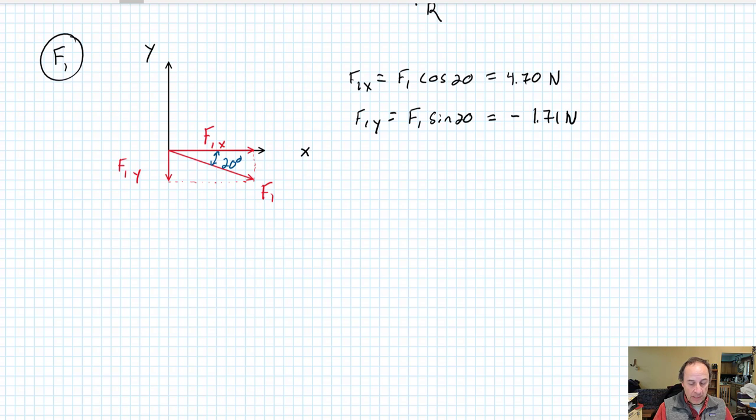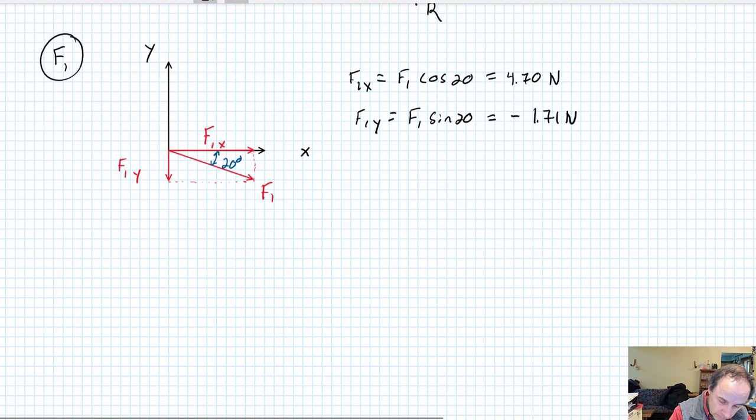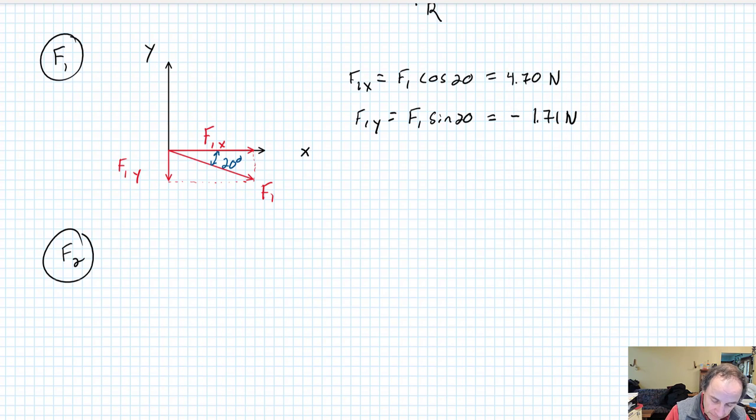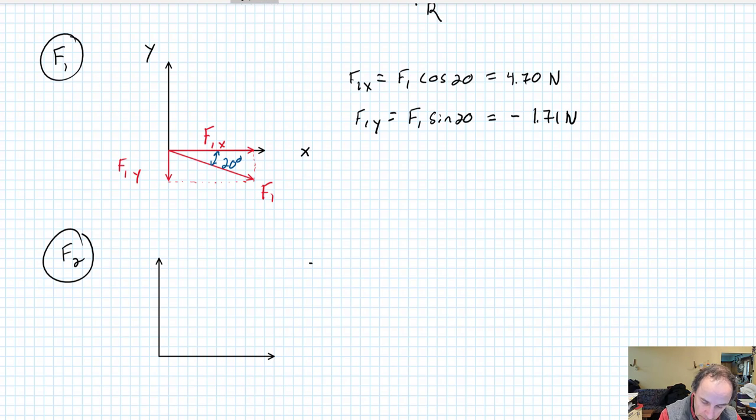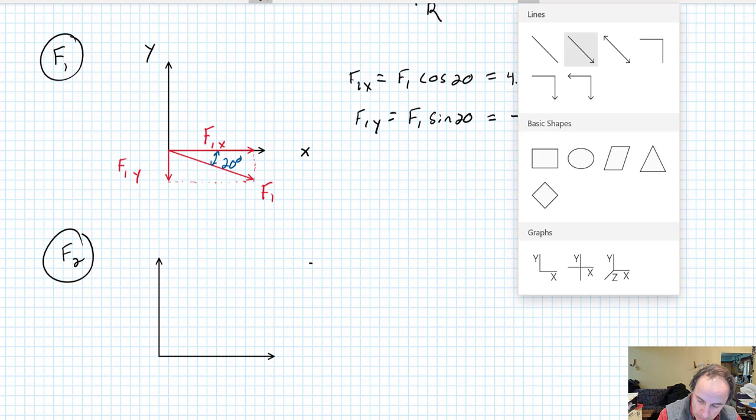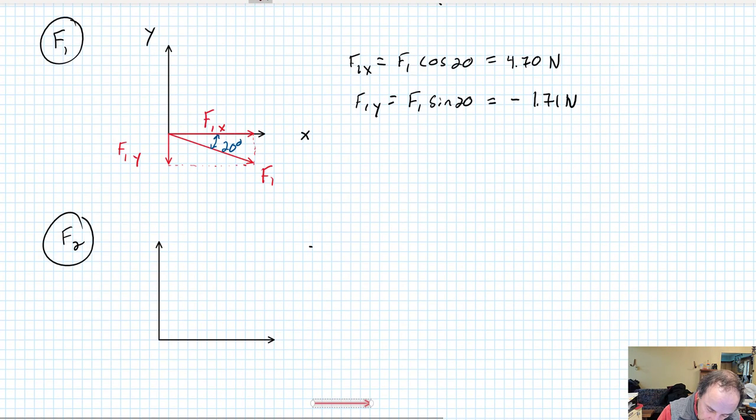All right, same thing for F2. Let's draw that out. F2, get our coordinate system. F2 was in the first quadrant here. Start at the origin and go up at 60 degrees, so something like that.